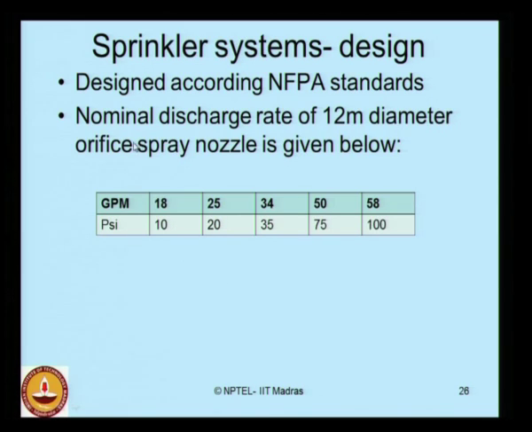The orifice should spray 18, 25, 34, 50 or 58 gallons per minute with a pressure of 10, 20, 35, 75, 100 psi respectively, depending upon the capacity of your tank supply. This discharge rate is specified by NFPA for a 12 millimeter diameter orifice spray nozzle which is used as a sprinkler system in your design.